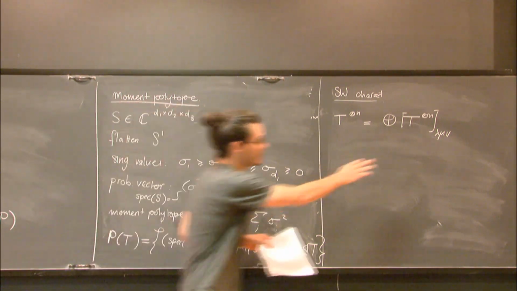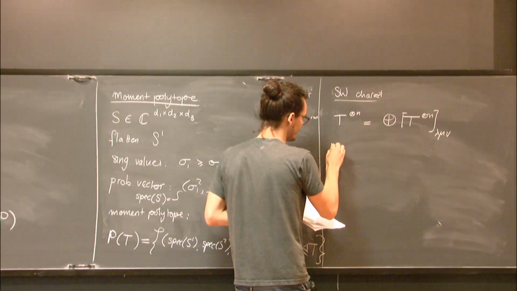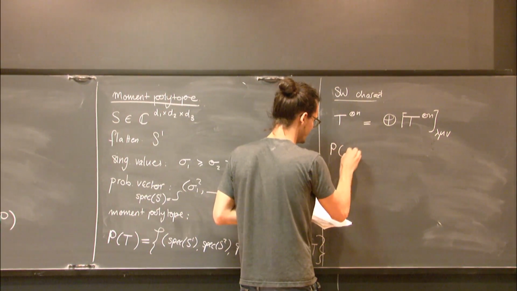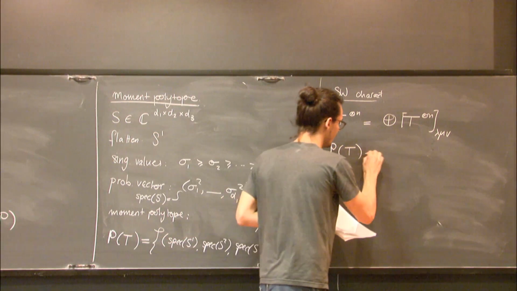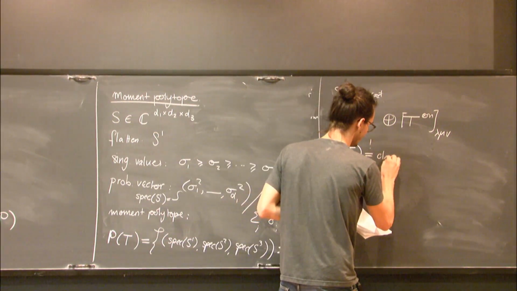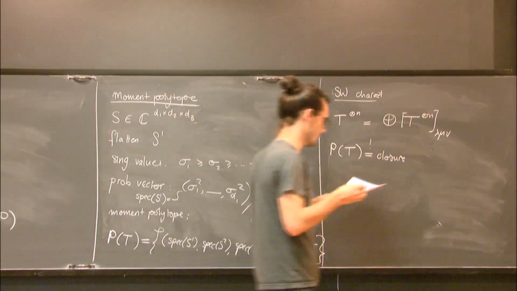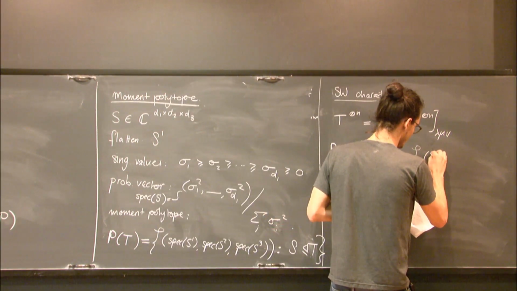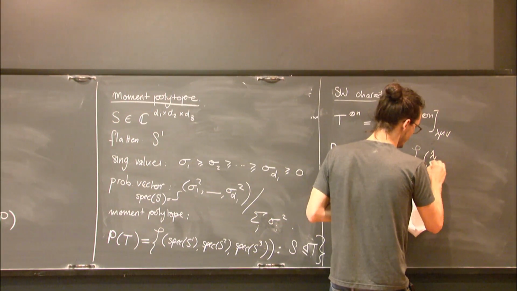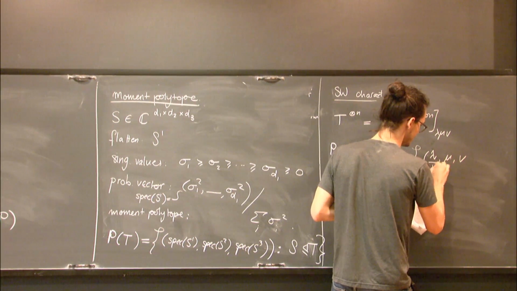And so these are triples of partitions of n, and then an alternative description, which is also very magical, of this moment polytope is that it's the closure, in Euclidean space, of the set of these lambda mu nus, normalized.